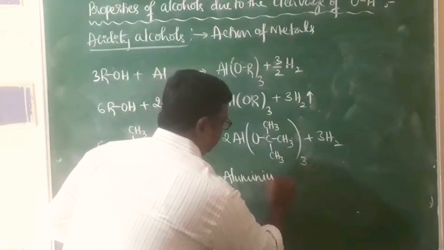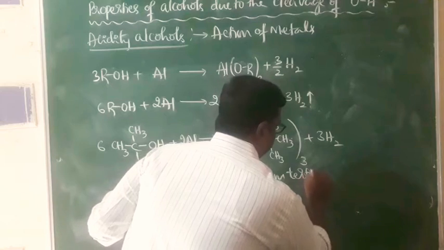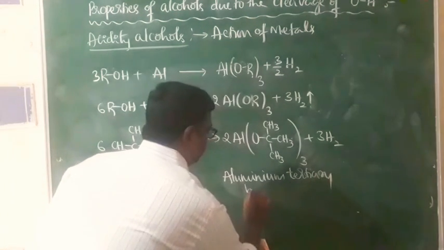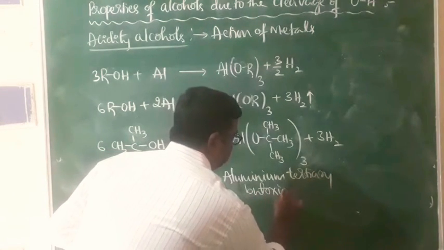This is aluminium tertiary butoxide. This is one of the alkoxides.